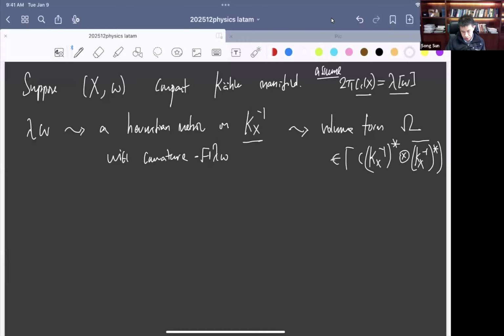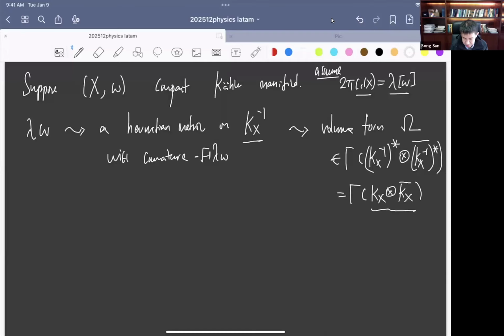Because right, it's just a given norm, but this is the same as K_X tensor K_X bar, which is the space of, just a bundle of top forms. And because it's positive, it's a Hermitian metric, it has a volume form.